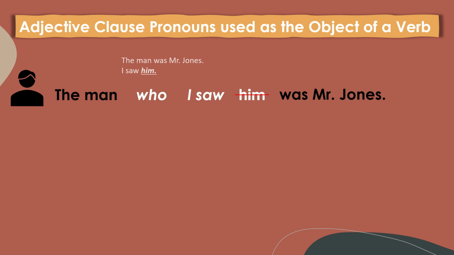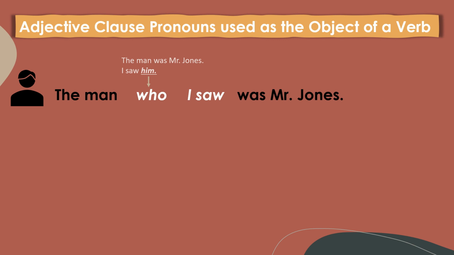You do not need to use him anymore because him in this sentence is represented by who. See, you don't need him anymore. Just leave him out here. So this is the correct structure of the sentence.